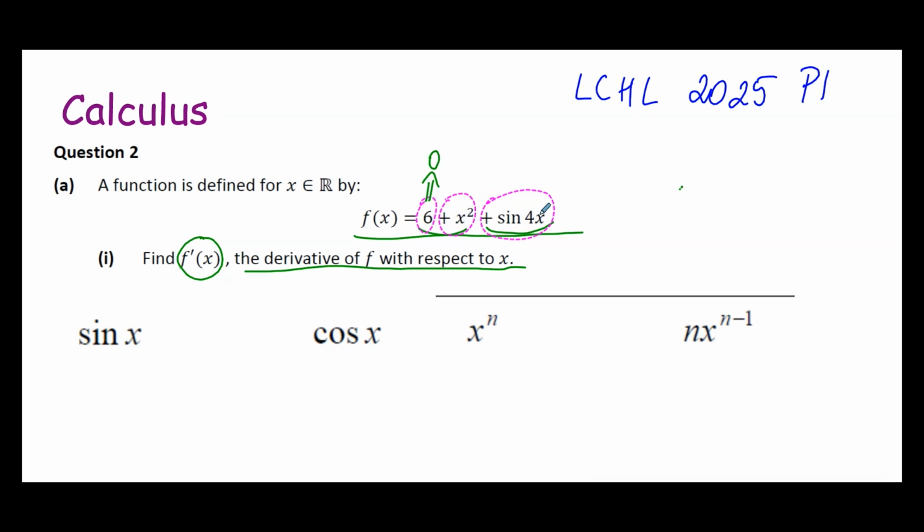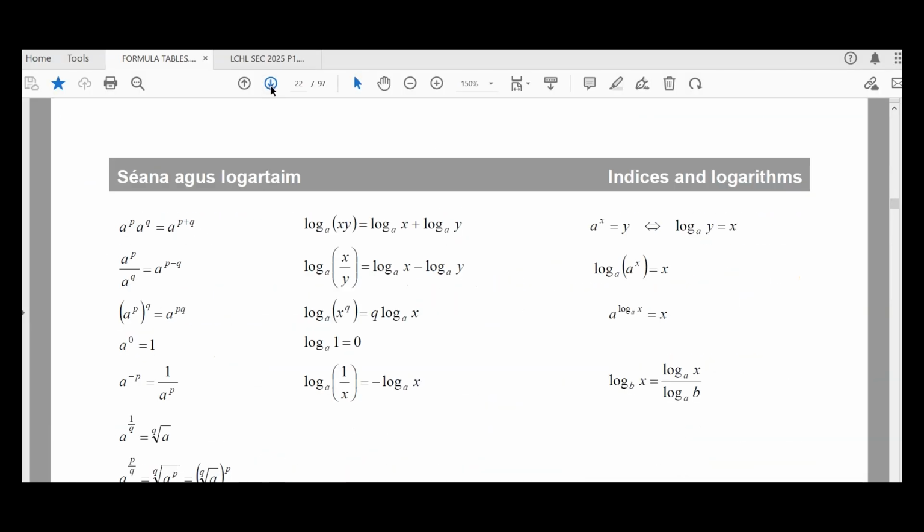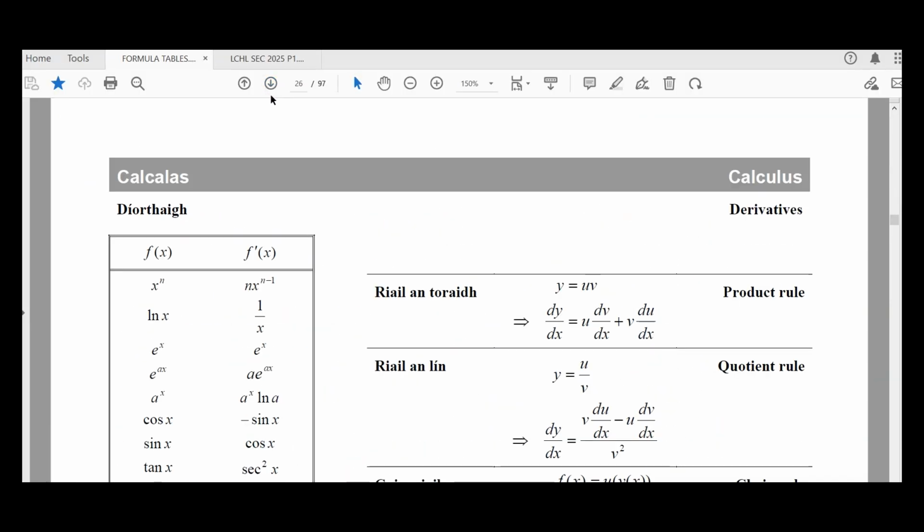Then for those two elements, we're going to apply formulas. What formulas? We go to our maths table, and that's page 25, if I'm not mistaken. That's where we are looking for our element of a function, and this is the formula that will tell us how to change that element into a derivative.